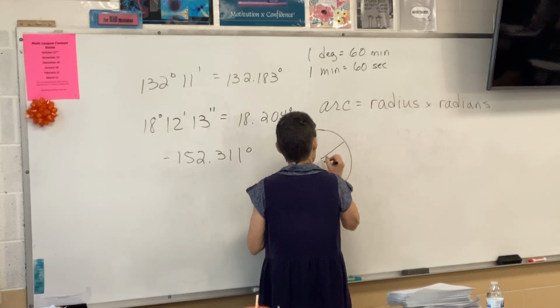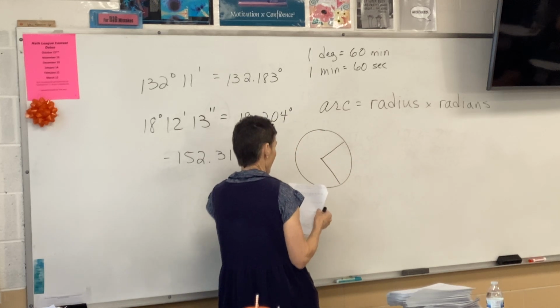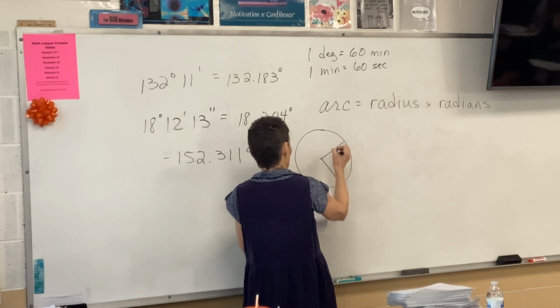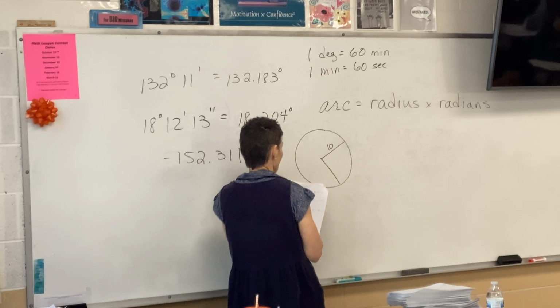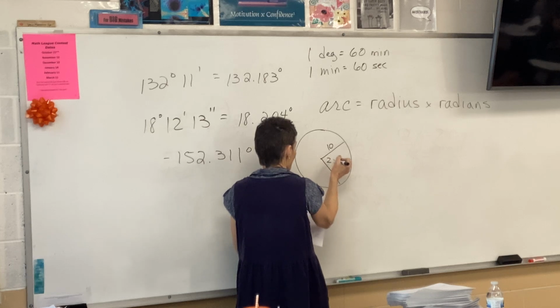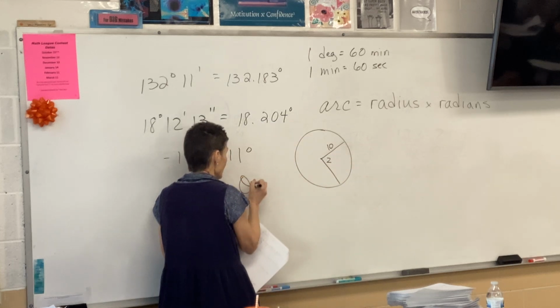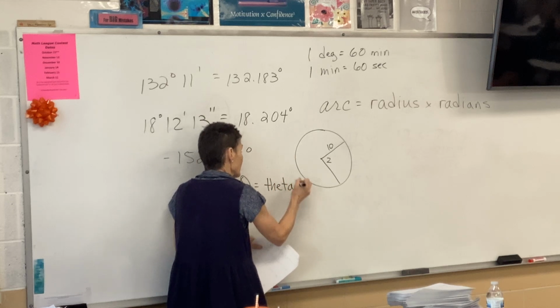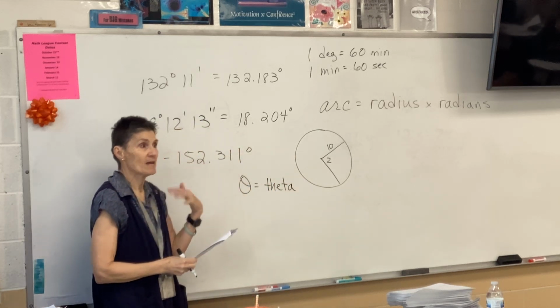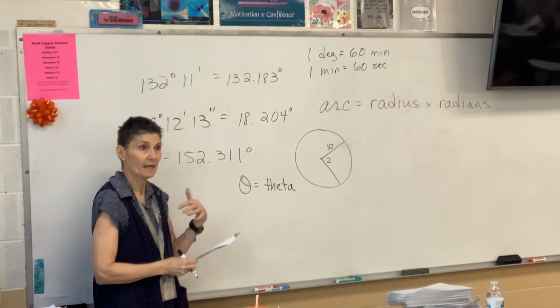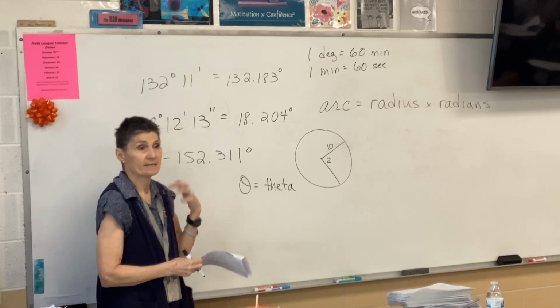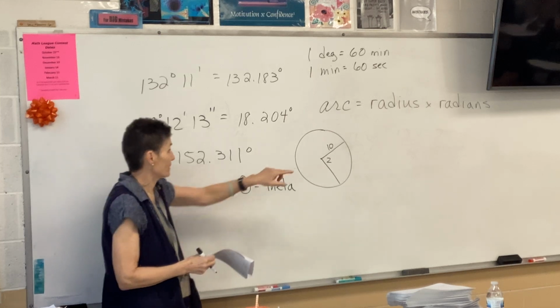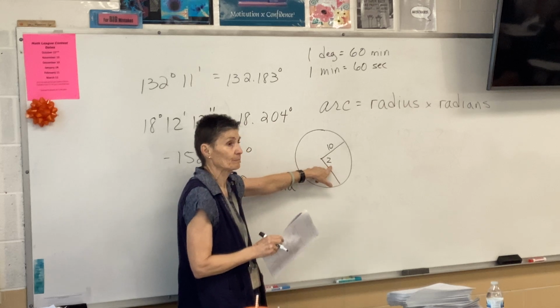So here is the situation for problem A. The radius is 10. The central angle, this guy right here, is called theta, and it is simply a Greek letter, a variable, that stands for the central angle, the angle right here in the center.